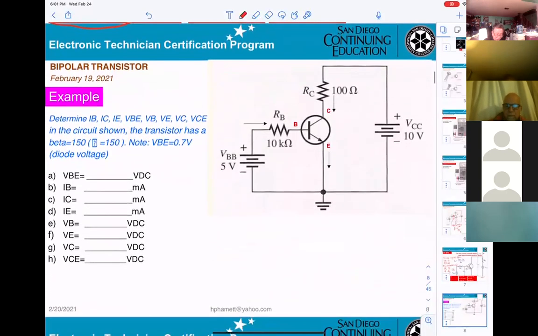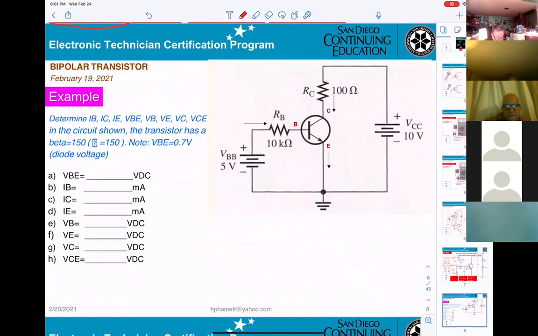Okay, now can you try this one for me quickly? Give me the answer. I just want the answer, okay? Terminals B, IC, IE, VB, VE, VC, VCE.